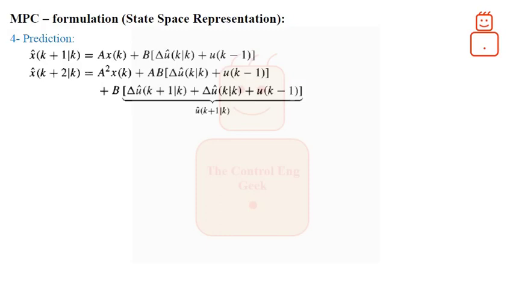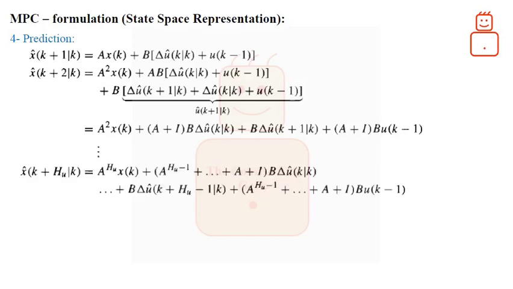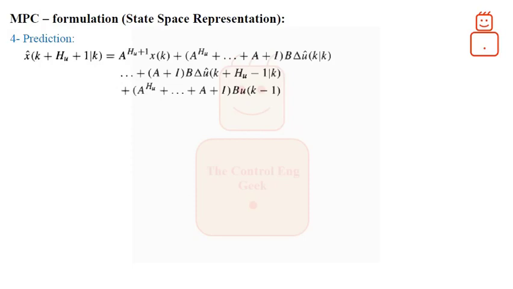This can be simplified even more as, you can follow the pattern above for x hat of k plus hu at k. For state predictions beyond the control horizon hu, we have, and for a time k plus hp at k.